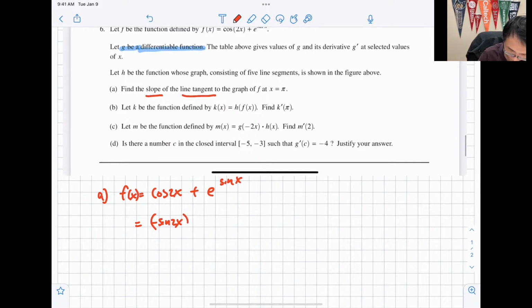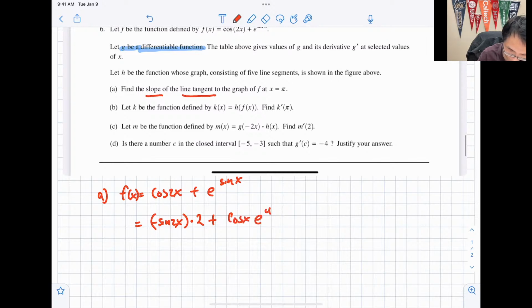Times what? There we go. So that's called the chain rule. Okay. Plus, well, what's the derivative of this one, e to the sine of x? Darby, do you know? Cosine of x, e sine of x.